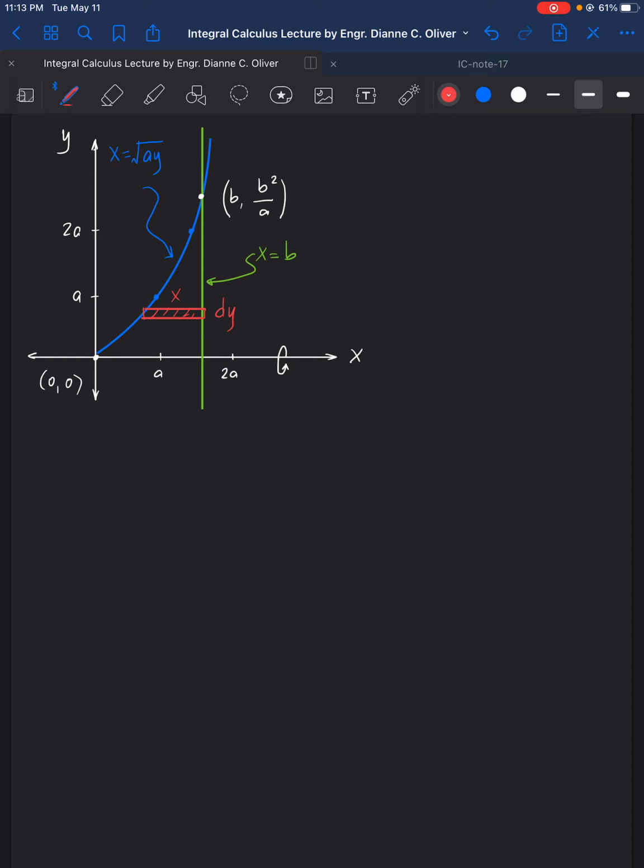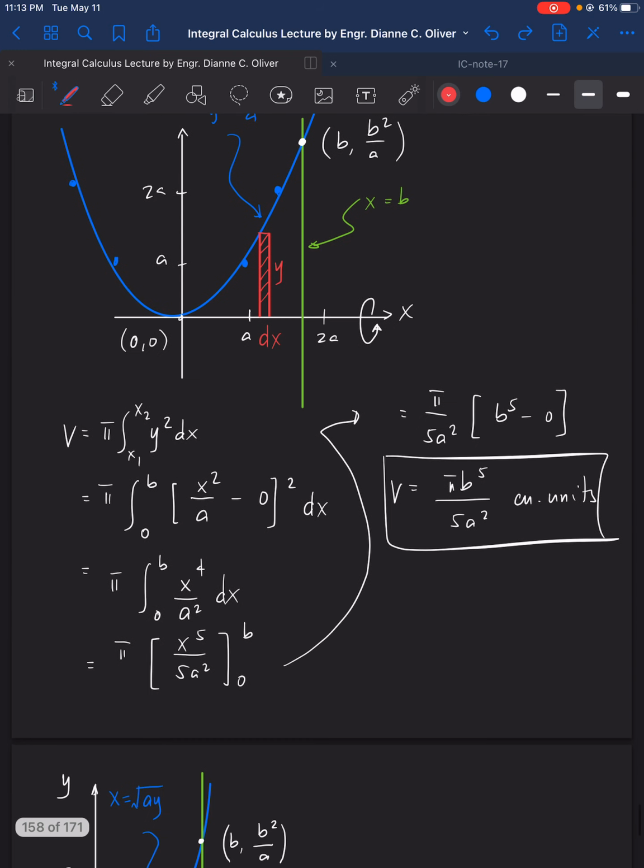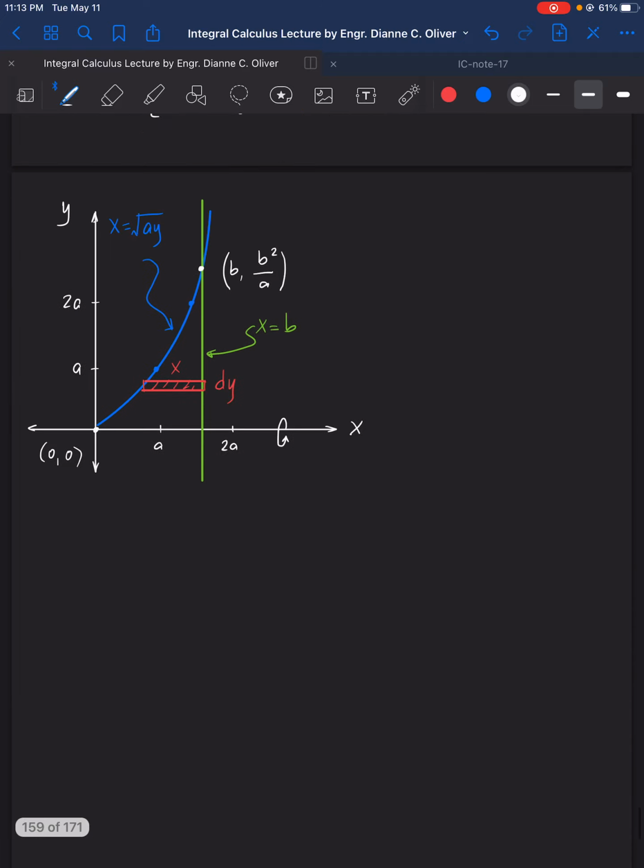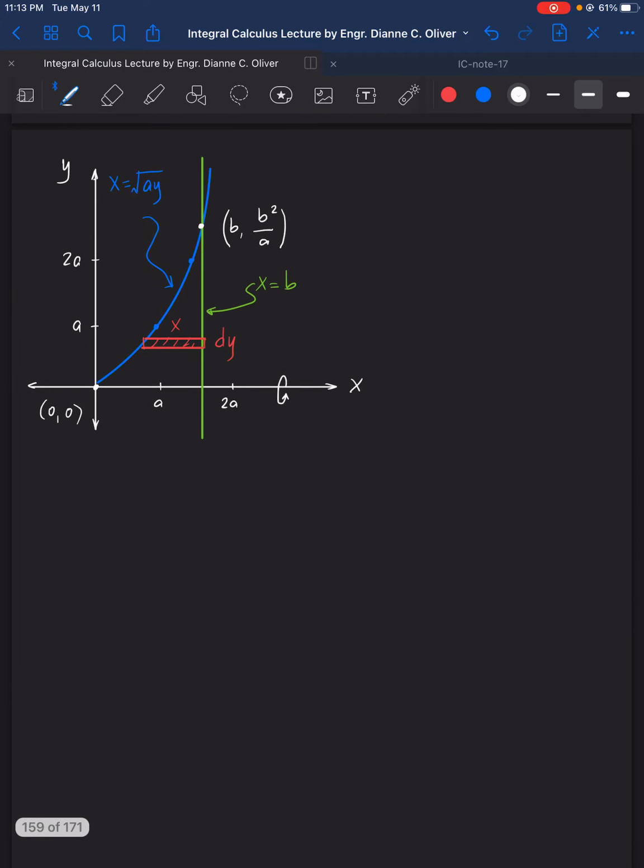So if we rotate the area strip about the x-axis, it will form a shell. So the first one here is the disc method, and this time we will use the shell method.